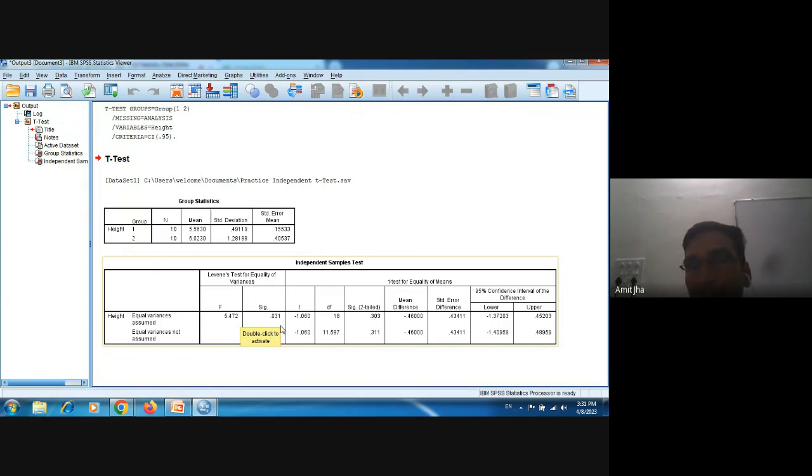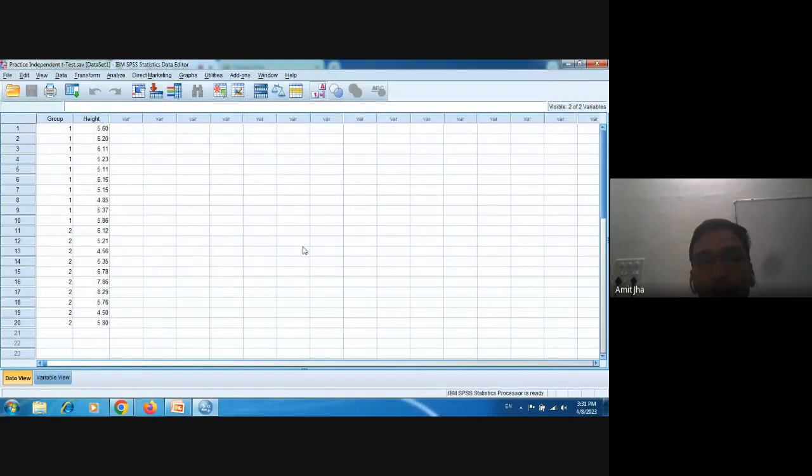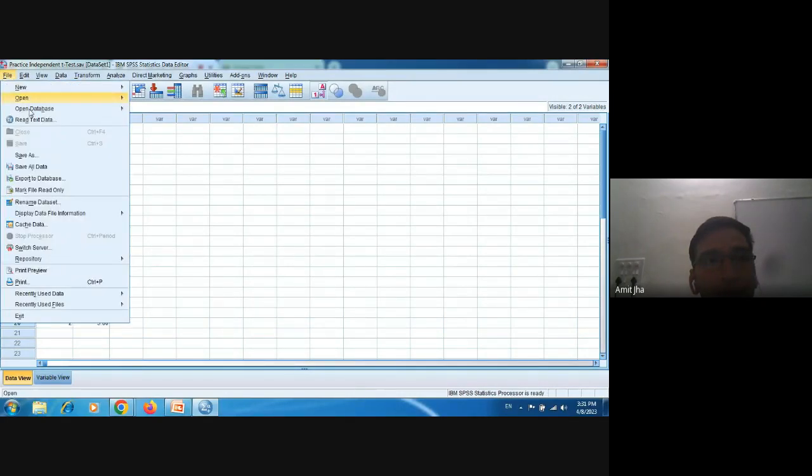So if it is less than 0.05, it means it is significant. So the difference between these two groups is significant. So this tells us about that. This is how we calculate independent t-test.